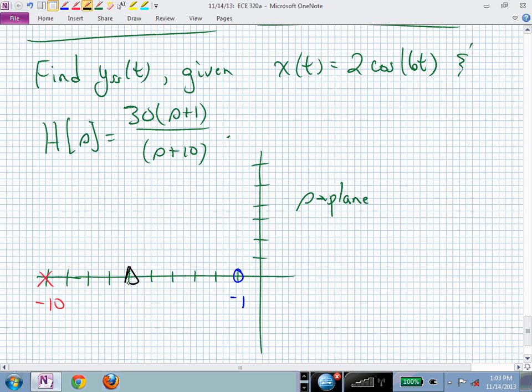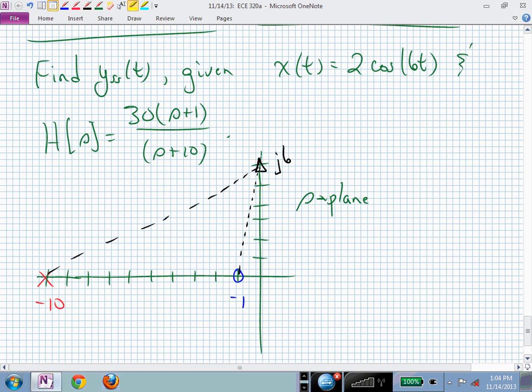So is it going here? Somebody said 6. So it needs to be on the imaginary axis, doesn't it? And I think I put 6 marks up there. This is now j6. So that I have contributions due to this zero and contributions due to the pole.